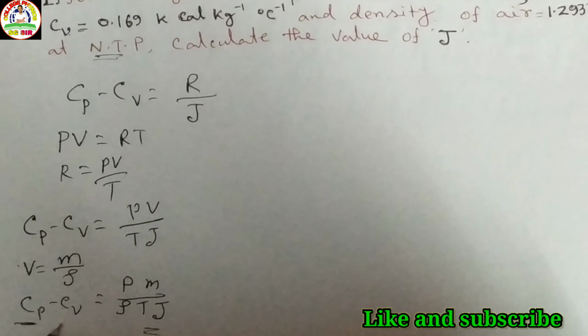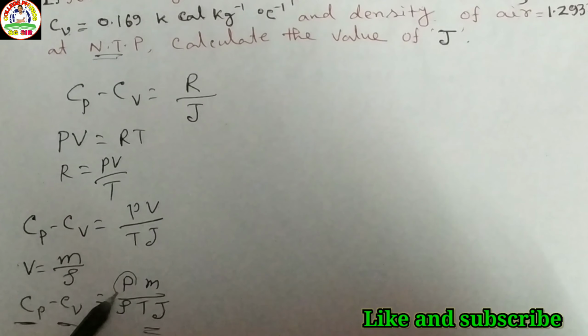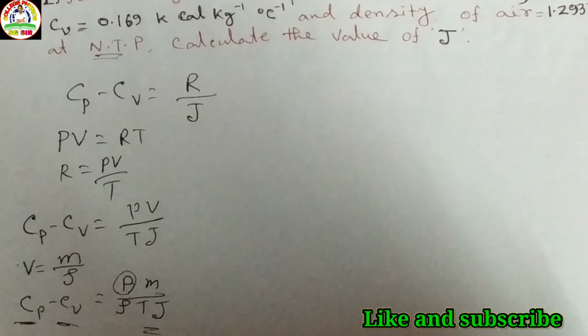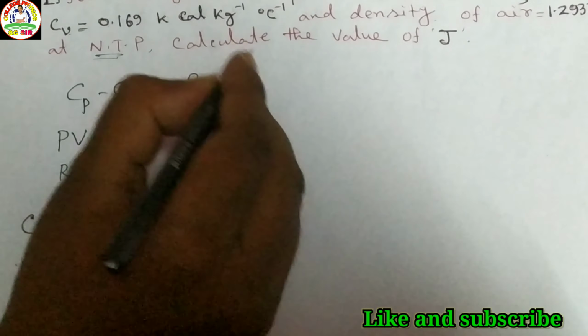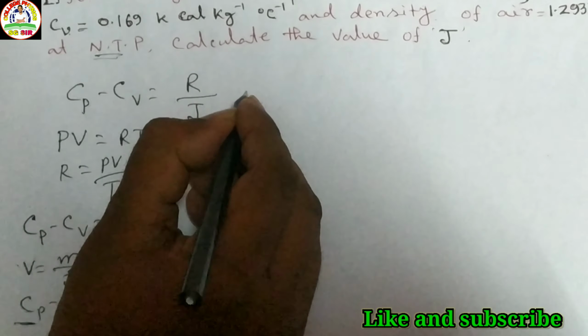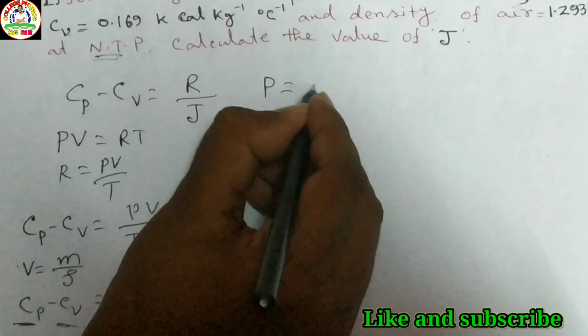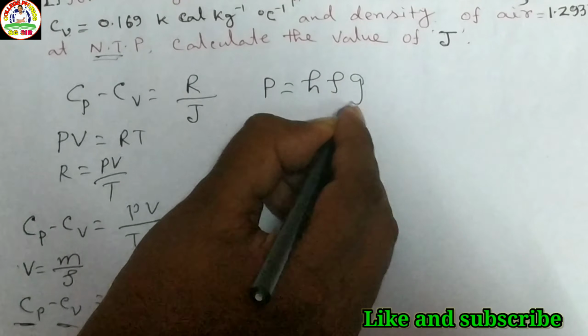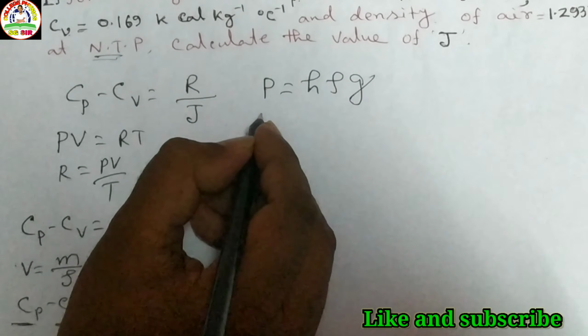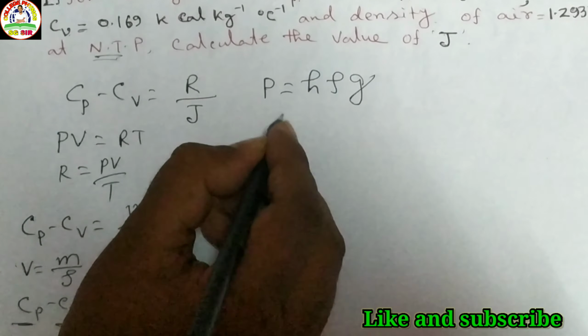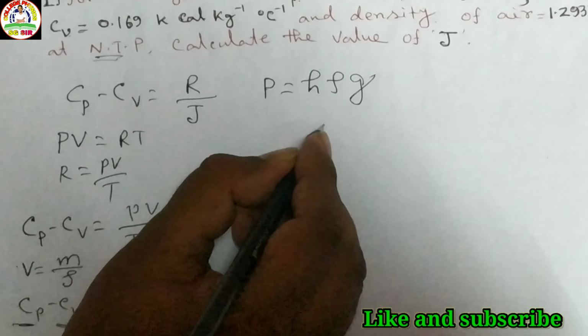Here Cp and Cv are given, and we first calculate the pressure at NTP, and then we calculate the value of J. At NTP, the 1 atmospheric pressure P is equal to, we know, h rho g. That means the pressure at 76 centimeter height of mercury.